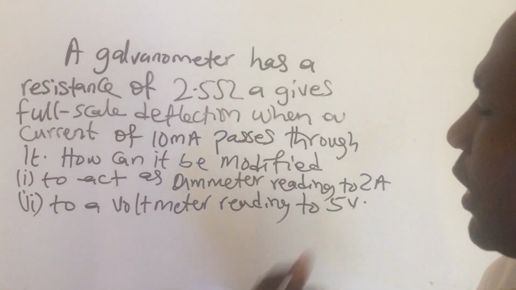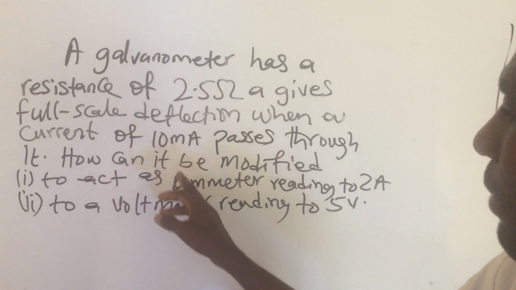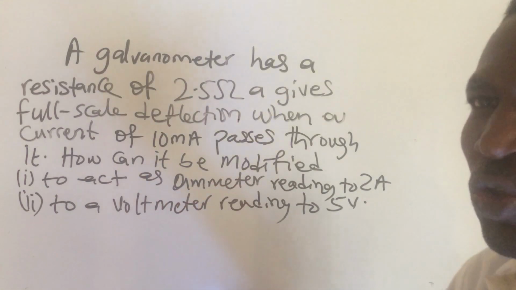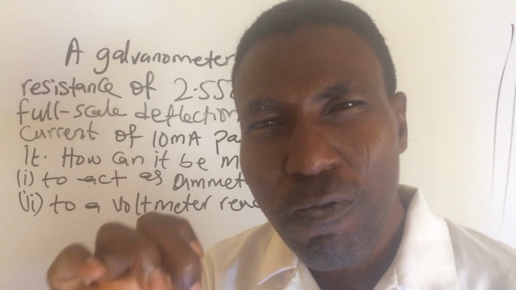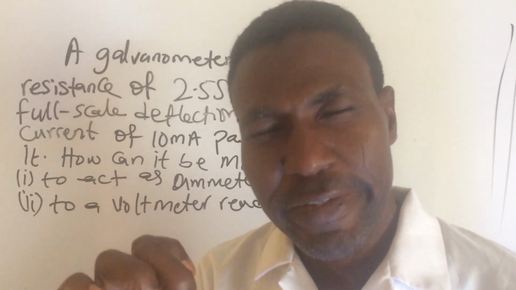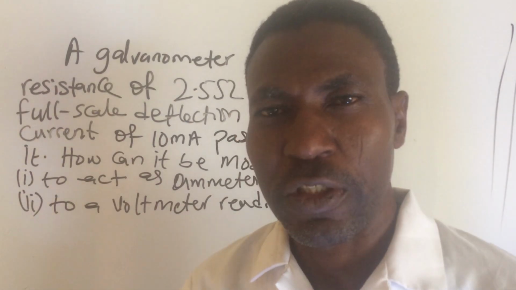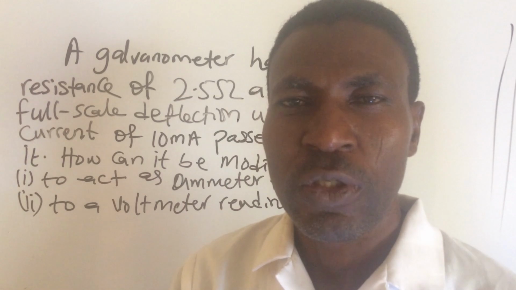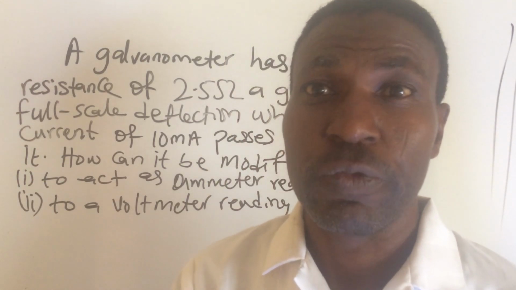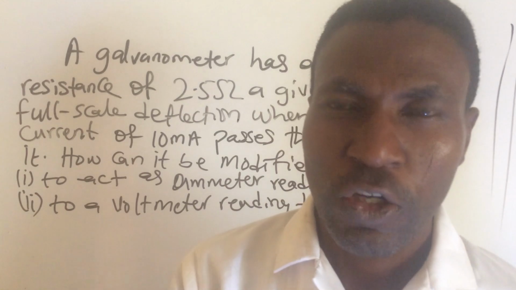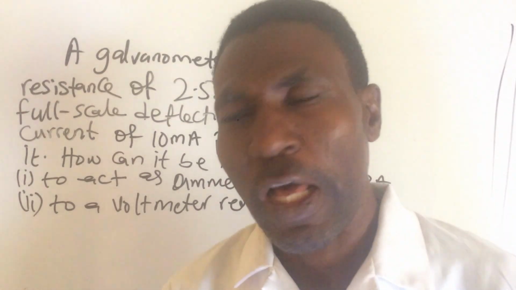Now, in order to convert it to an ammeter, we are going to connect a very small value of resistance called a shunt in parallel with the meter. If we do that, we succeed in converting it to an ammeter.